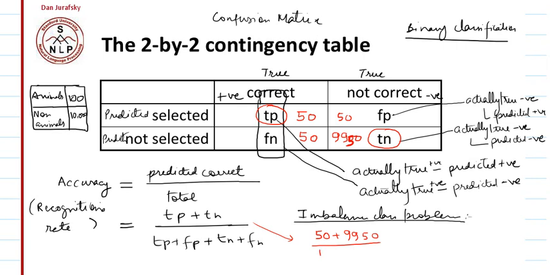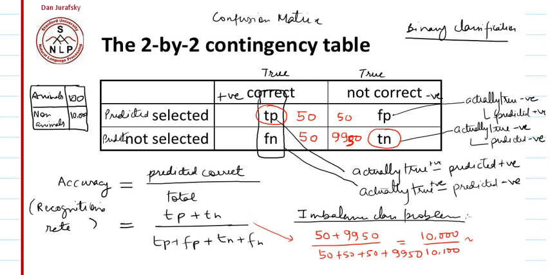So this is 50 plus 9,950, so this is 10,000 divided by 10,100, right?